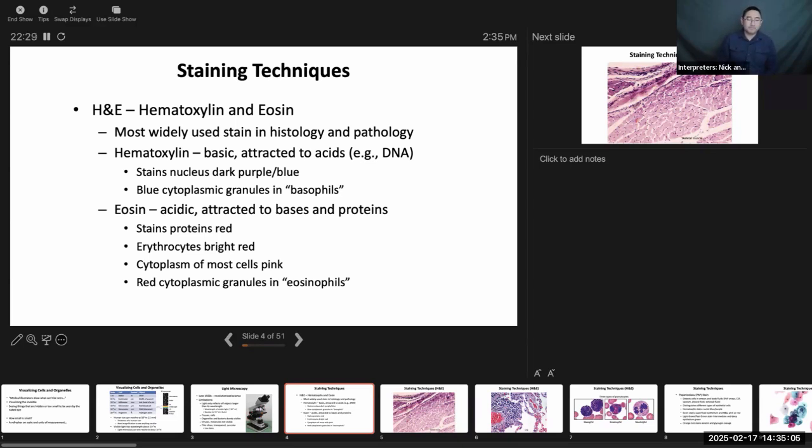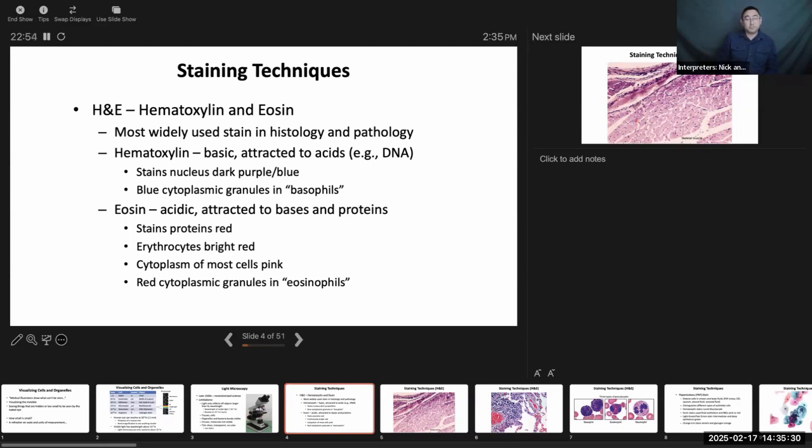There's a type of white blood cell that you may or may not have heard of called a basophil. It's an important part of the immune system. And basophils have little granules in the cytoplasm that contain acidic material. And so this hematoxylin is also attracted to the cytoplasmic granules in basophils.